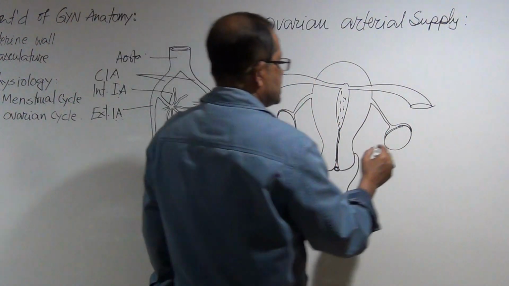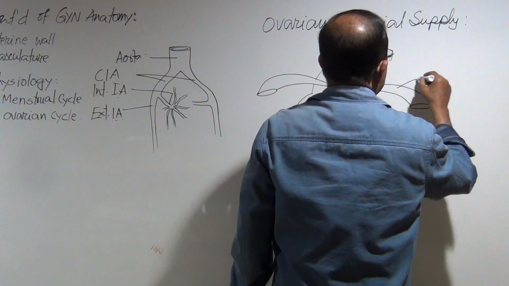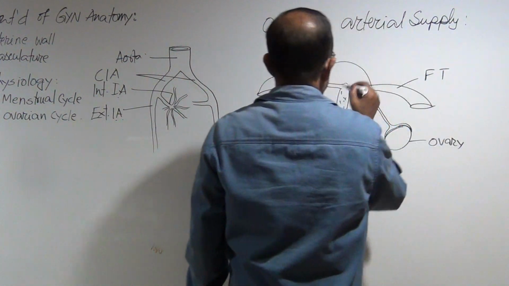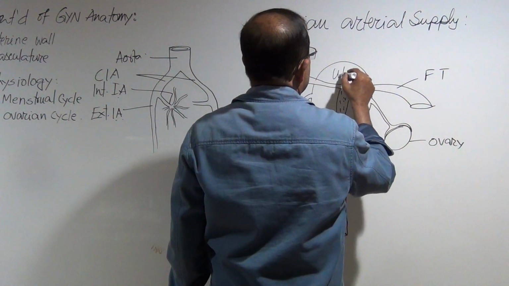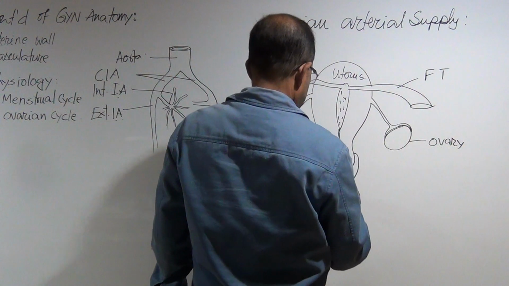So these are the ovaries. This is the fallopian tube. This is the uterus. This is the cervix, right? And this is the vagina.